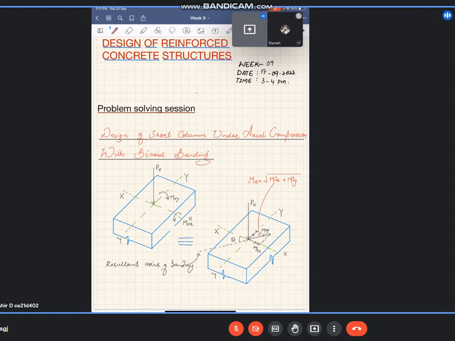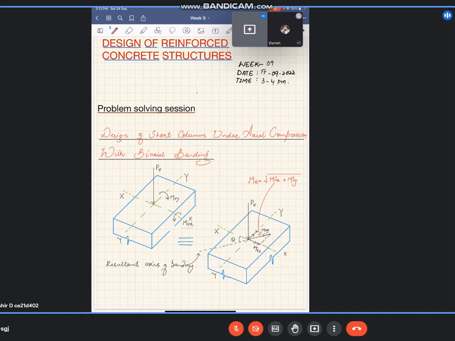I told you in the last lecture how to calculate the minimum eccentricity, for which the code allows us to use the formula for axial loading only. But if the eccentricity along one axis exceeds the minimum eccentricity, then we have to consider the effect of uniaxial bending as well. Now, if the eccentricity along both the axes exceeds the minimum eccentricity, we have to consider the biaxial bending as well.